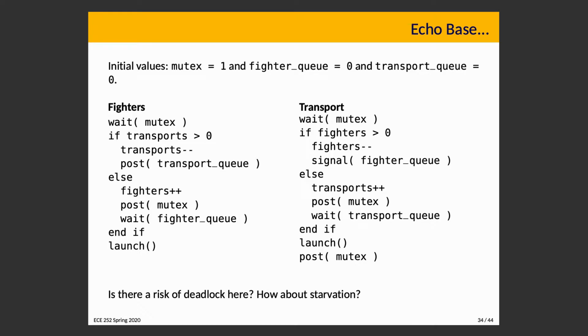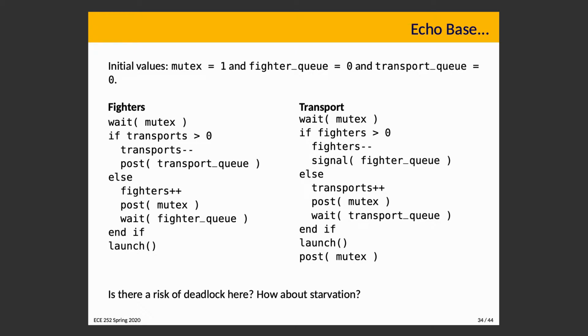Okay, you might be looking at that, even before we go on to the transport code, and you say, well, the fighter waits on mutex, and in the else block posts on mutex, but there's no post on mutex if we don't go into the else block. That is, if transports are ready, that doesn't happen. Doesn't that look bad? Doesn't that look wrong?